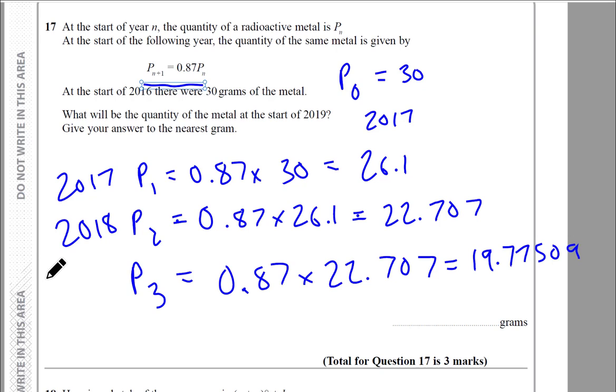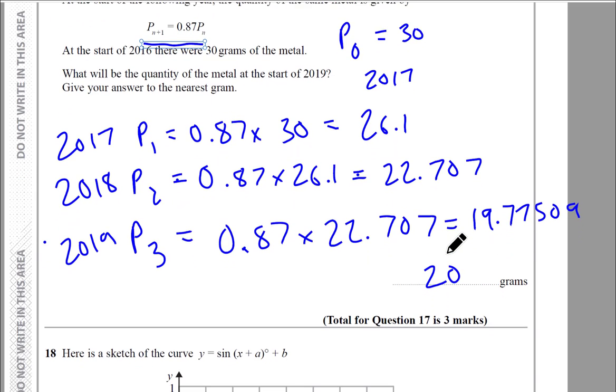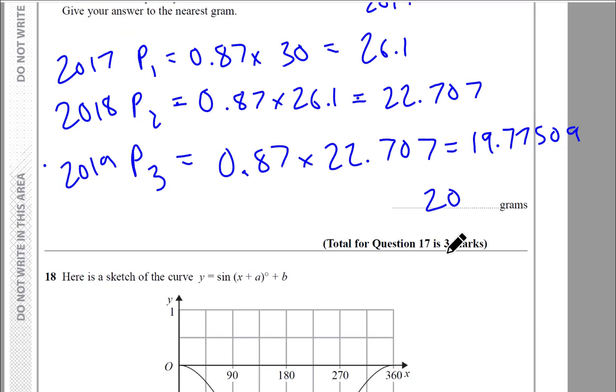So the quantity in 2019, it says the nearest gram, so that's going to be 20 grams, and that's 3 marks there if you know how to do this.